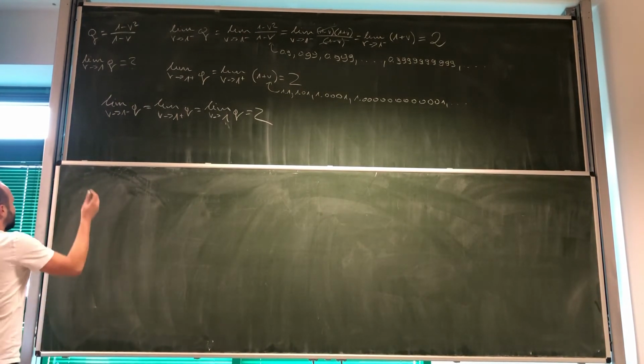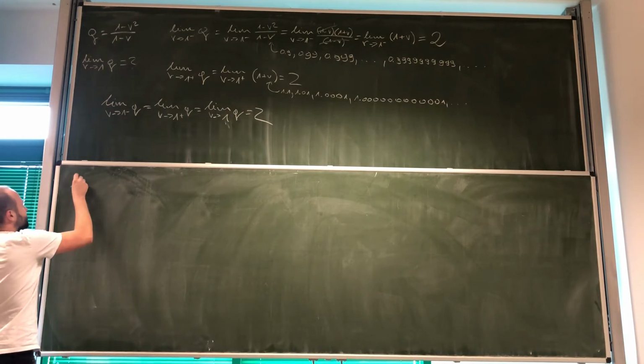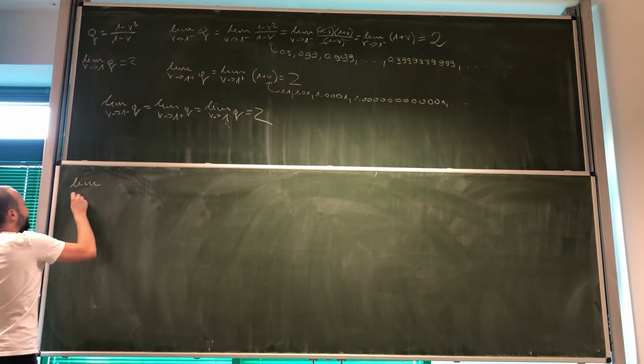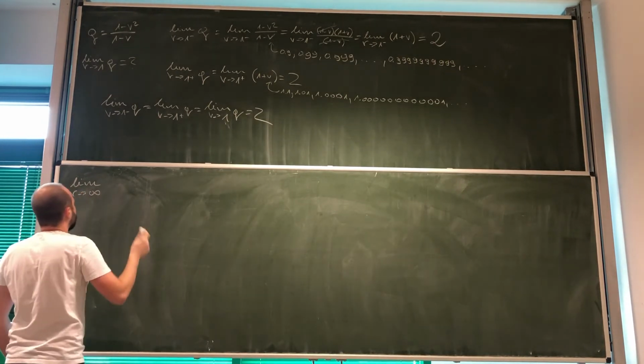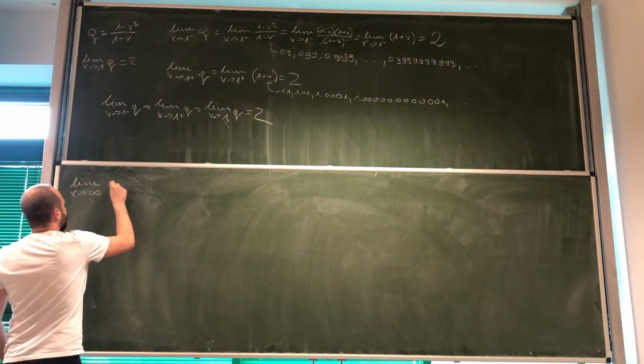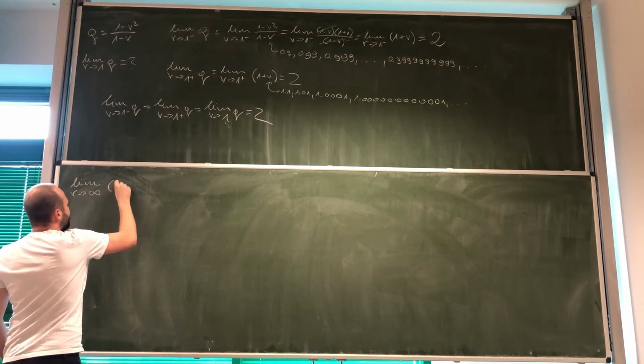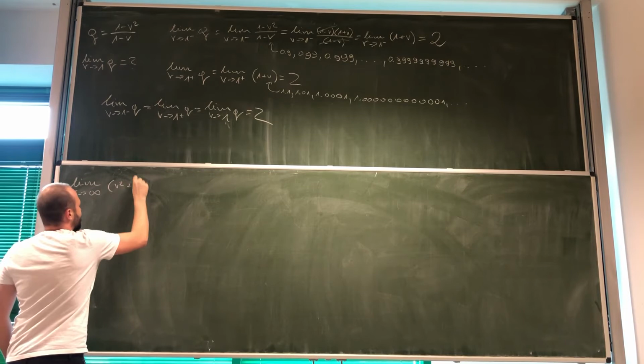Okay, so let's just say that we need to calculate a limit with v approaching infinity out of q that is equal to v squared plus 1.